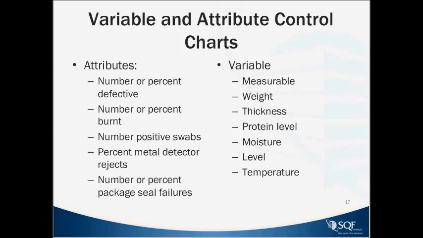And we also can measure certain what we call attributes, and these are more like defects, where we might want to measure or show the number of percent defectives or number of positive swabs we might have even in our environmental monitoring program, number of metal detector rejects, number of packaging seal failures. So these are reject numbers, things that are quantifiable, and you can do control charts with them too.